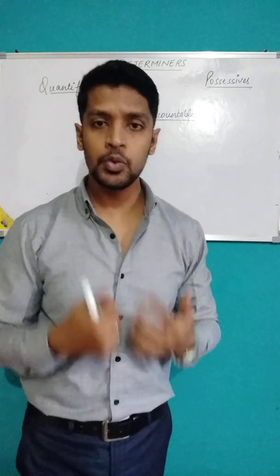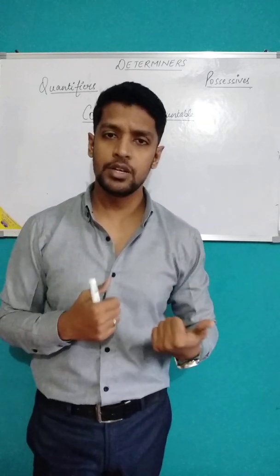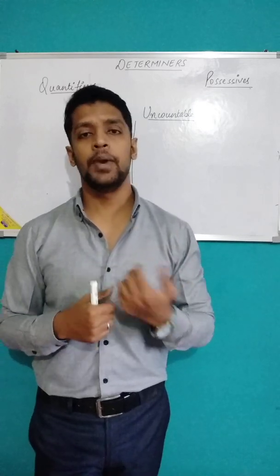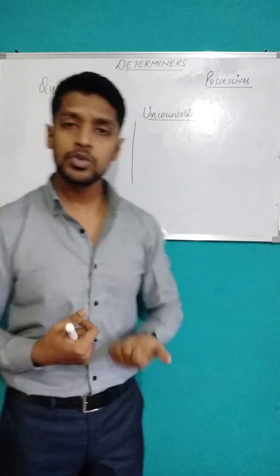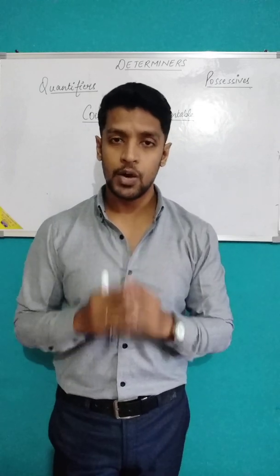Countable nouns are those nouns which can be counted easily on fingertips, like chairs, tables, students, fans, pencils, pens. And uncountable nouns are those nouns which cannot be counted easily but they are measured. I repeat, uncountable nouns are those nouns which cannot be counted.